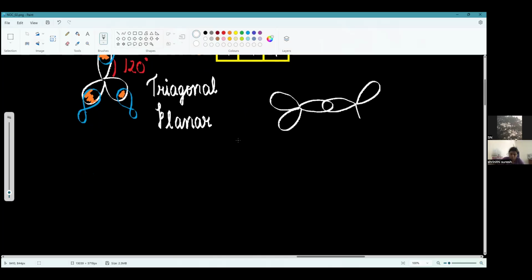It will also have a triangular planar shape like this. So now I have drawn a single bond between the 2 carbon atoms. Now I will put 1 hydrogen over here, 1 over here, 1 over here, and 1 over here, because there are 4 hydrogen atoms.